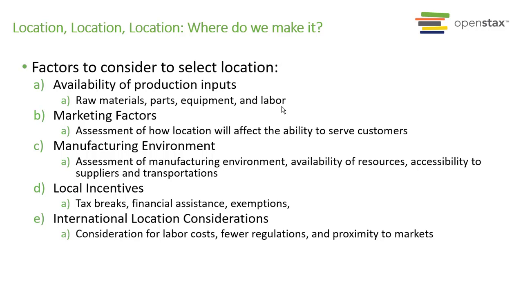And what you see here: tax breaks, financial assistance, exemptions, etc. Those are some things that worked in the favor of Arizona, and where Arizona won the bid, if you will, in terms of having Tesla pick that location to build its Gigafactory, which I believe is one of the biggest car manufacturers in the world.